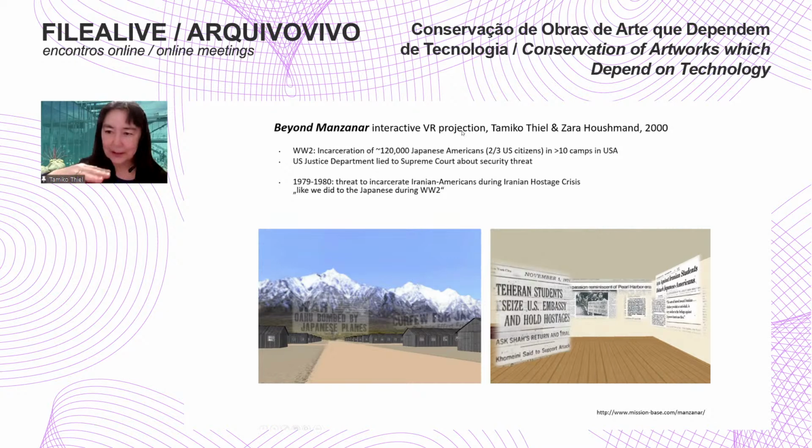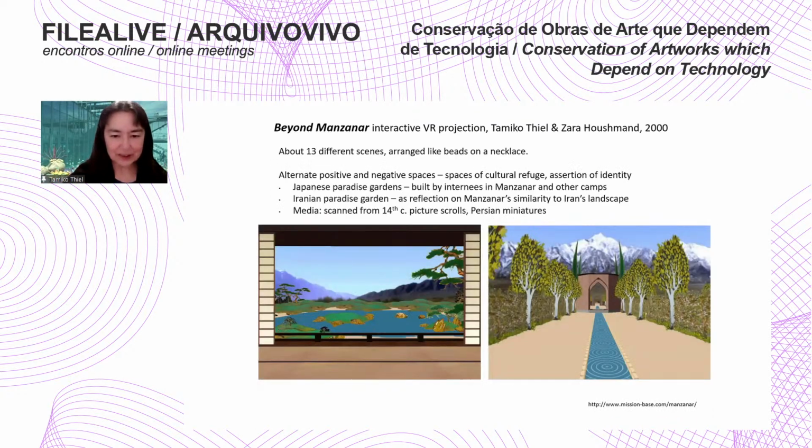So we have these parallel levels that we depict, for instance, with these archival newspaper articles that are floating in the air. And also because the Japanese Americans really did build gardens in Manzanar as places of refuge, within the confinement of the ring of mountains surrounding the camp.